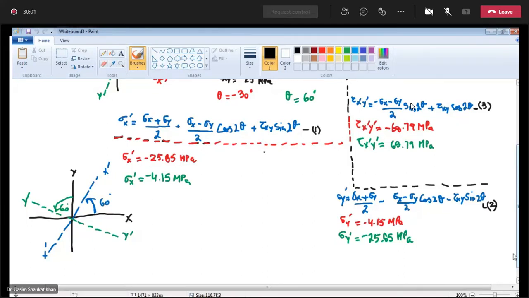Theta will be positive 60 degrees. Yes, sir. The answer is minus 4.15 megapascal. So sigma x dash we are getting as minus 4.15 megapascals.